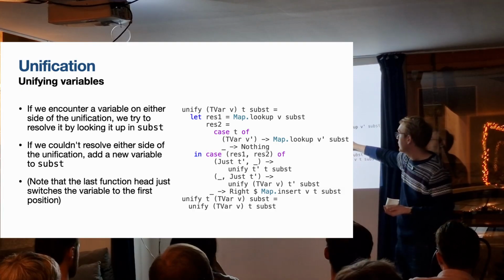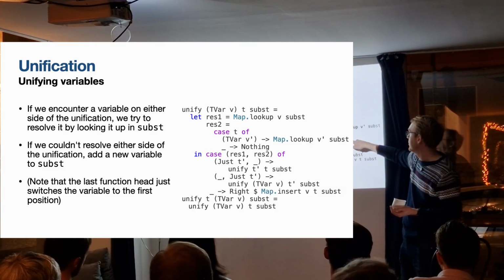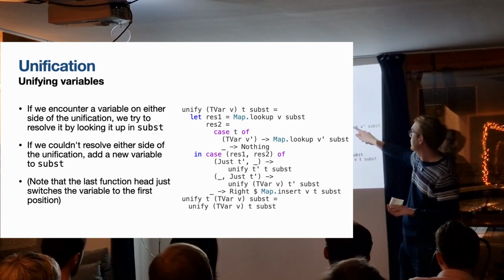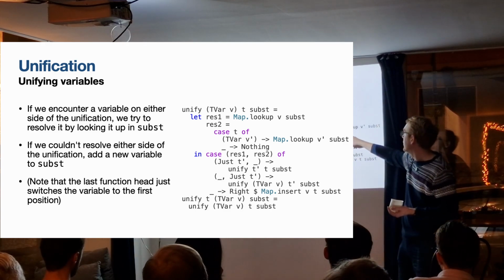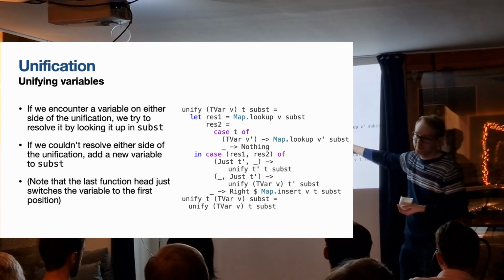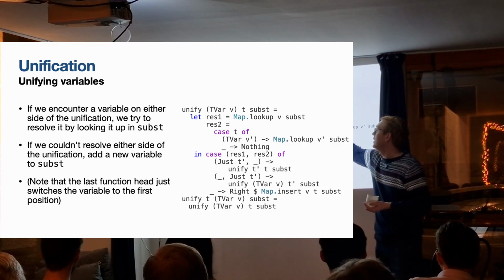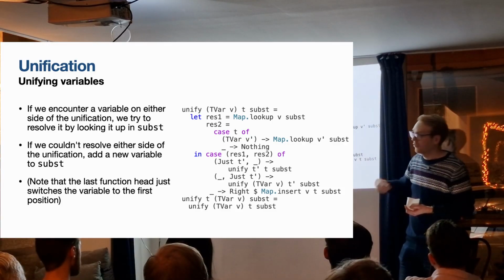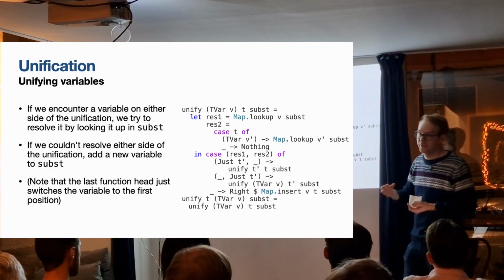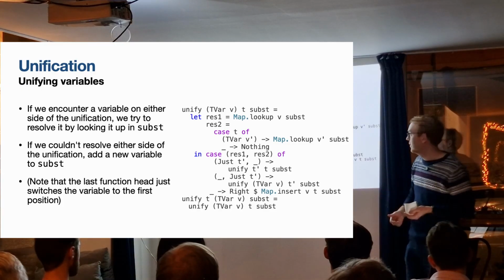But if the second one is a type variable, we also try to look that up. So we have two attempts, res1 and res2, to actually resolve these two variables, like mappings that we have already seen.